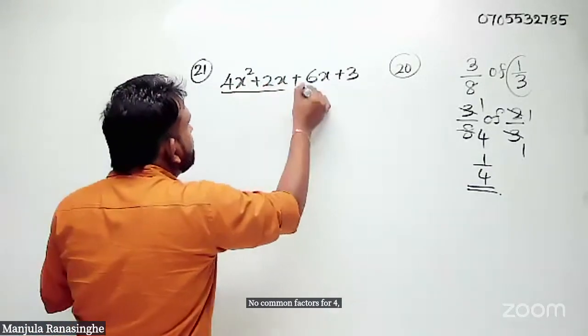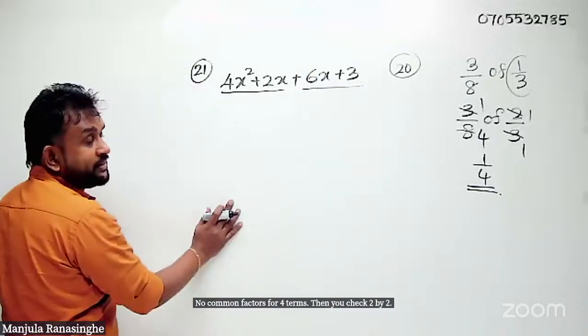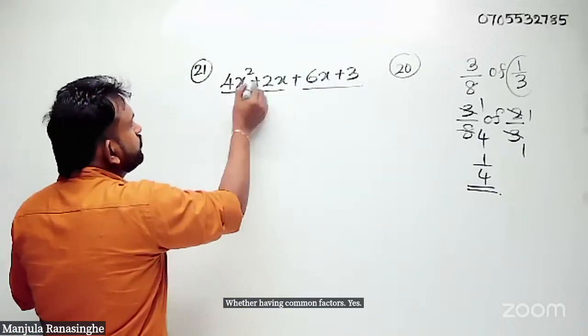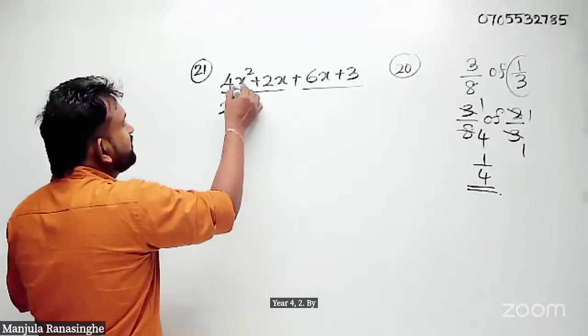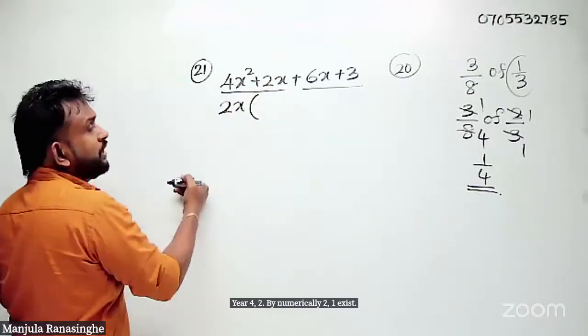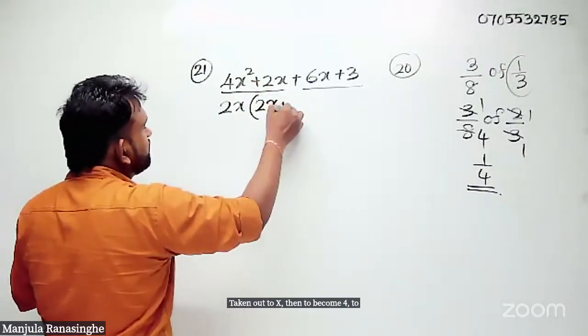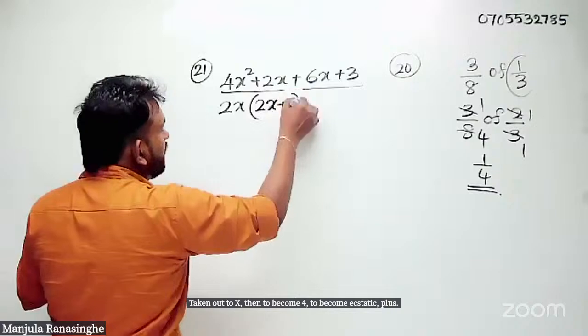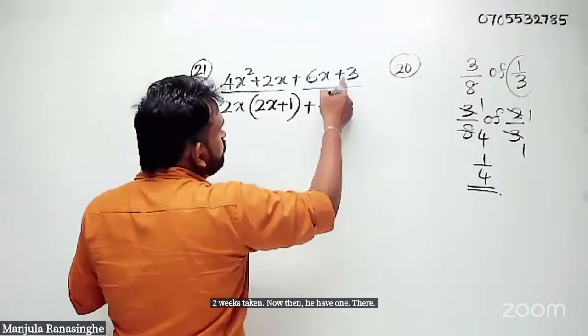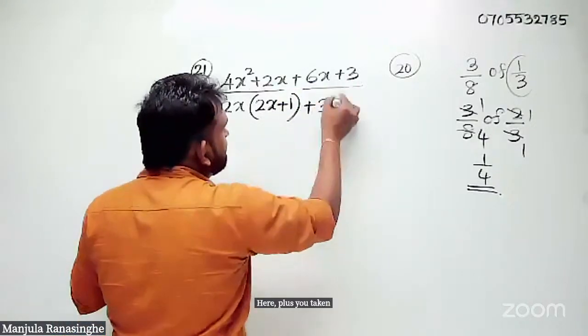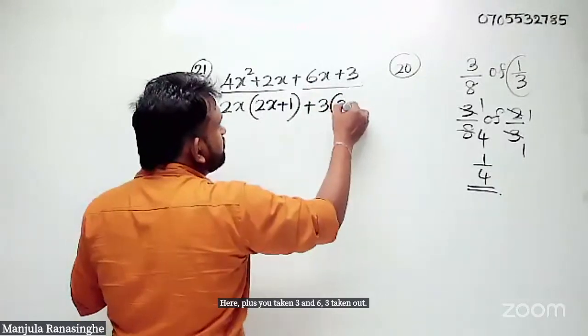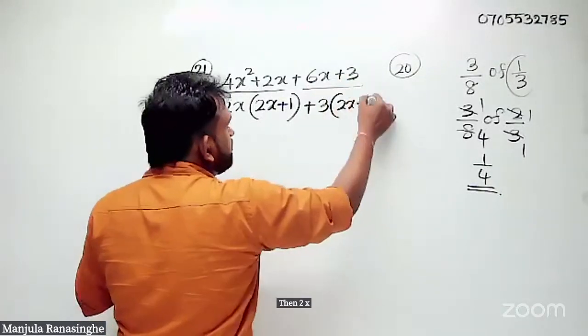Then you check 2 by 2 whether there are common factors. Yes. Here 4 and 2, numerically 2 is common, x squared and x, x is common. Taken out 2x, then 4 becomes 2x, x squared becomes x, plus 2x taken out, then 1 there. Here plus you take 3 and 6, 3 taken out, then 2x plus 3 taken out, then 1 there.